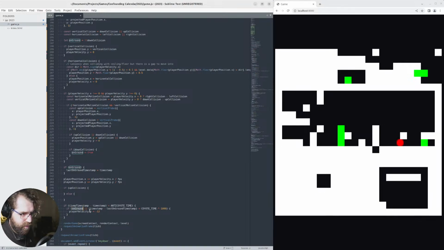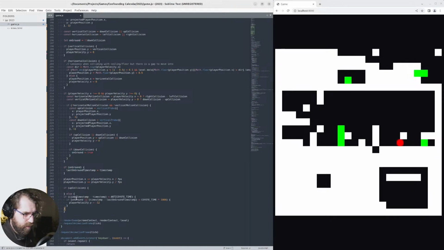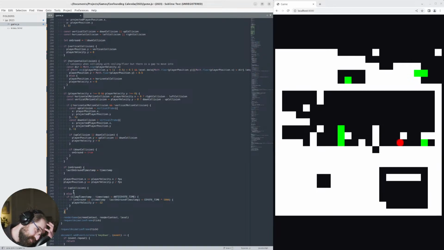And all this stuff is true. That's happening here. I'm missing something though, aren't I? Hold on. So I press up. Sorry, I press jump. If there is an up collision, then this doesn't happen, which makes sense. But eventually it will happen. Am I missing something? Doesn't it need to get cleared at some point?